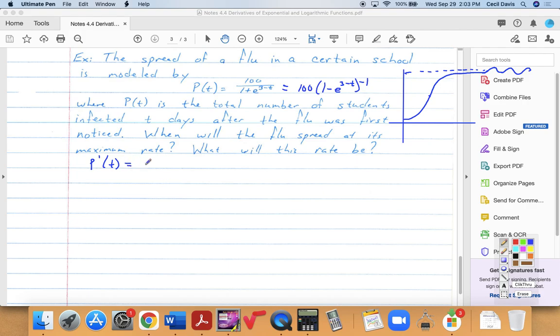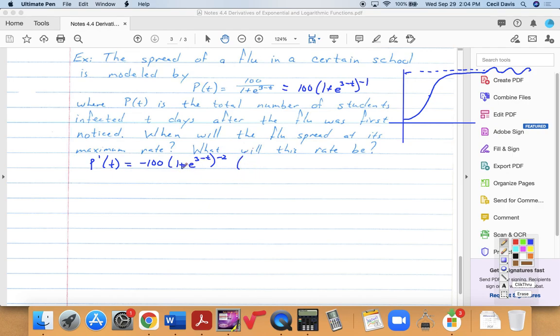So then the derivative will be negative 100 times 1 plus e to the 3 minus t to the negative 2, times the derivative of 1 plus e to the 3 minus t.